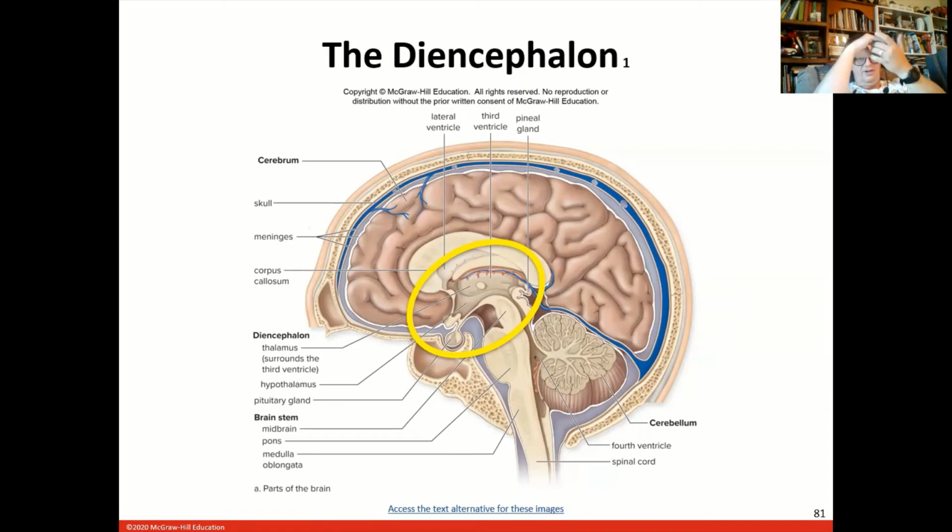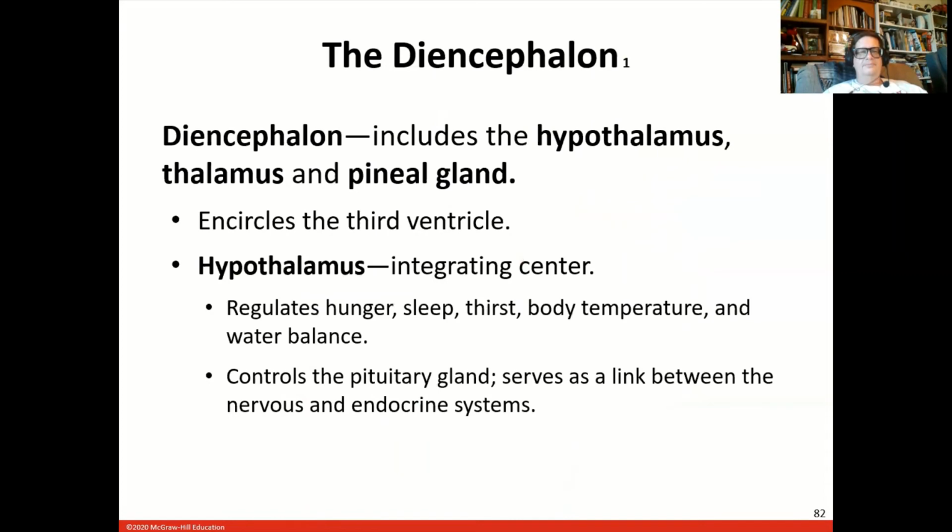That'd be like the cheeks of the bird. The pituitary gland, again, is like the little cherry hanging from their beak. Anyway, the diencephalon includes the hypothalamus, the thalamus, and the pineal gland. It surrounds this space, the third ventricle. It's a very thin space, but it's a space filled with cerebrospinal fluid.